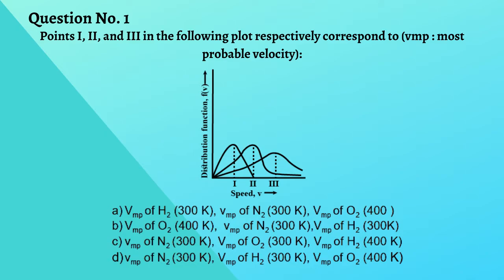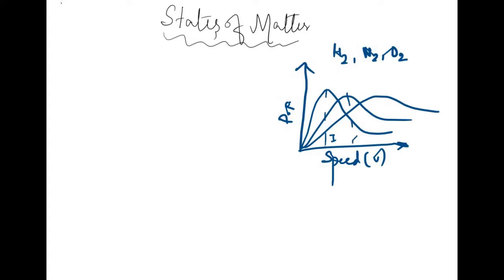This is point 1, point 2, and point 3. So 1, 2, 3 represent which gas is our question. So how do we do it? See, whenever the word speed is mentioned, we will always try to use the most probable speed of the gases. Why?